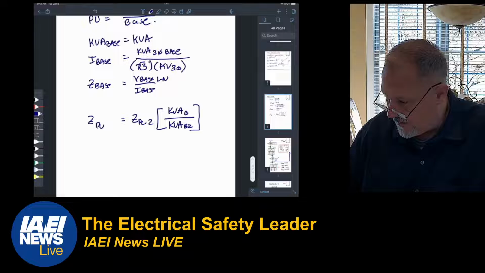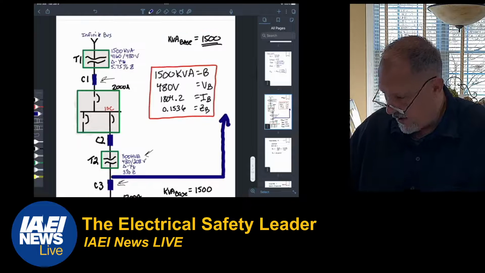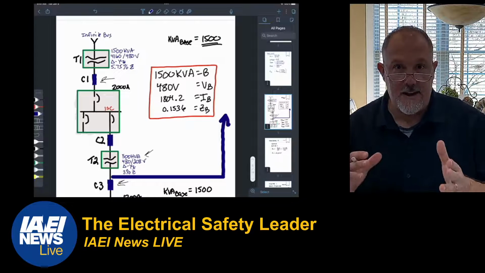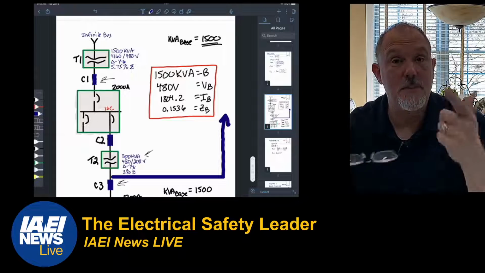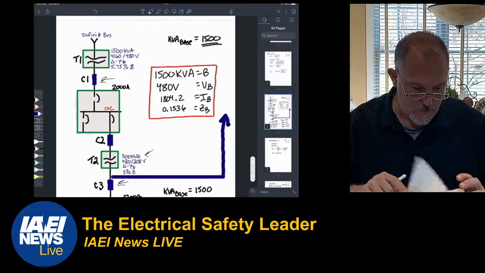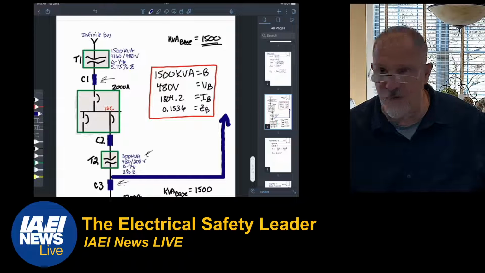So I already said, Z base is V base over I base. Remember that each of these voltage levels are going to have their own base values based upon the kVA base that I selected. And the kVA base that I selected is 1500.